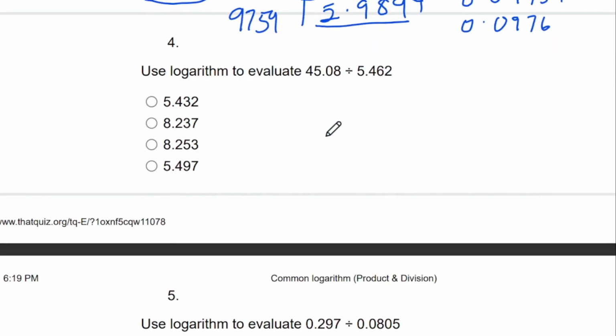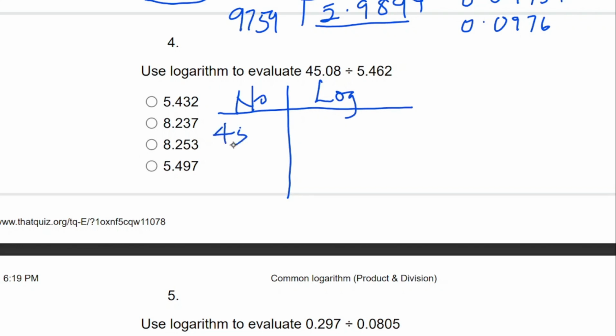Question 4 is under division. So we're going to have number and log. Under the number we have 45.08. So this will be 1 point.